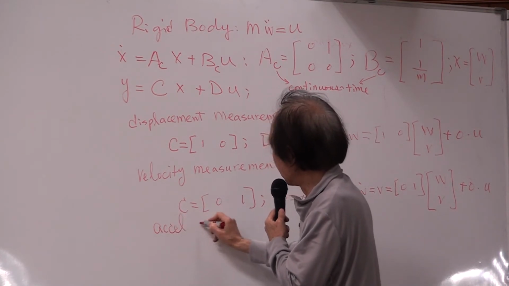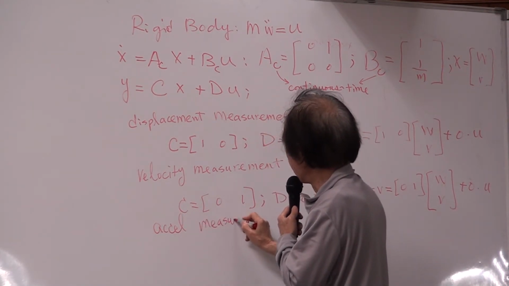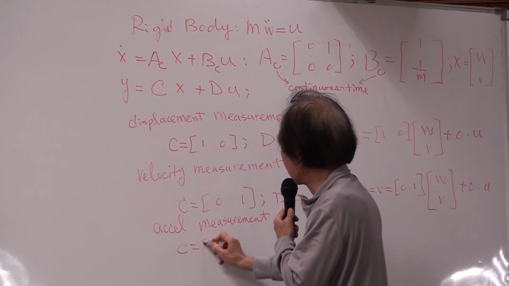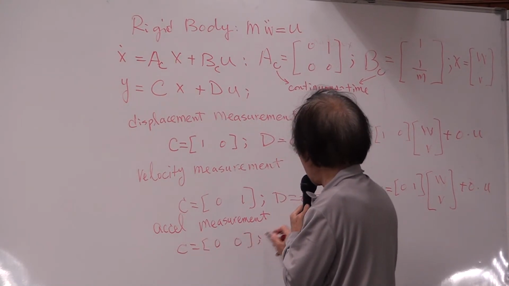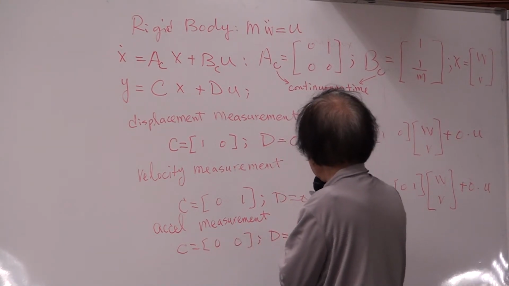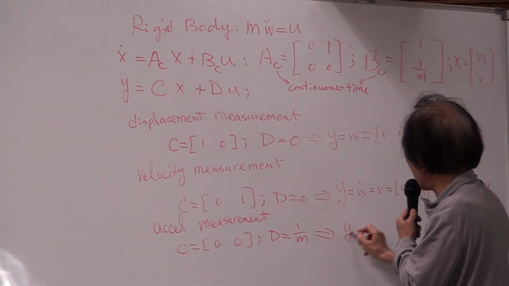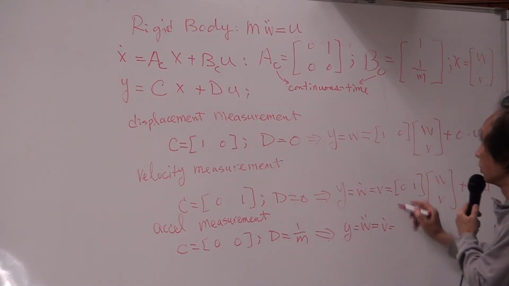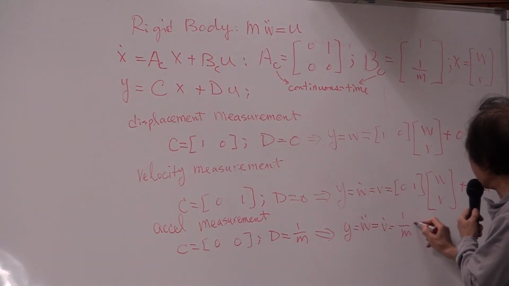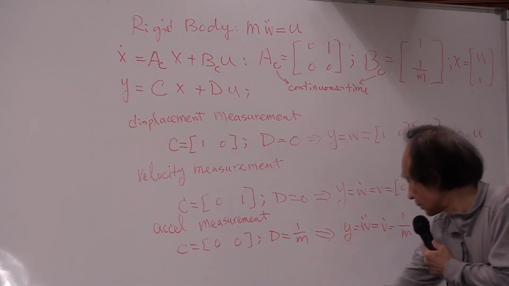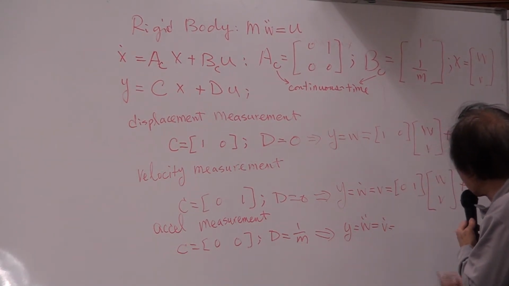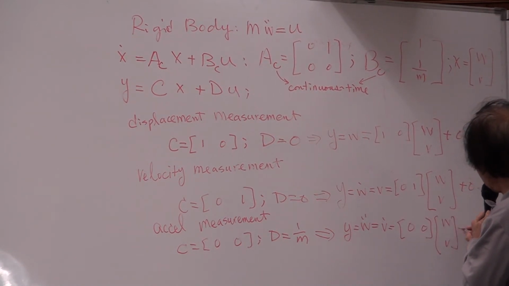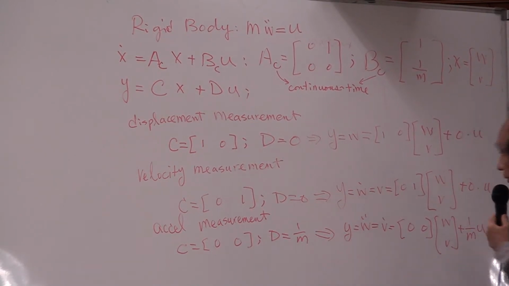And for acceleration measurement, then C equal to 0, 0, and D equal to 1 over M. That implies Y equal to W double dot equal to V dot, then equal to M inverse U, equal to 0, 0, W V plus M inverse U. Right?